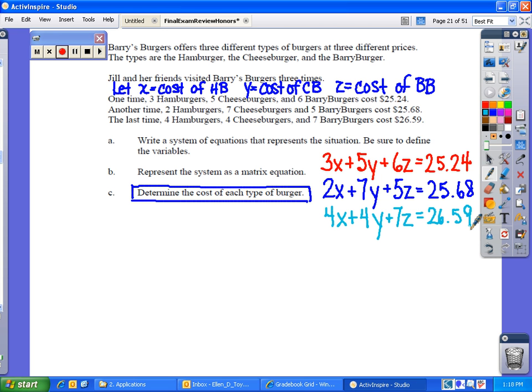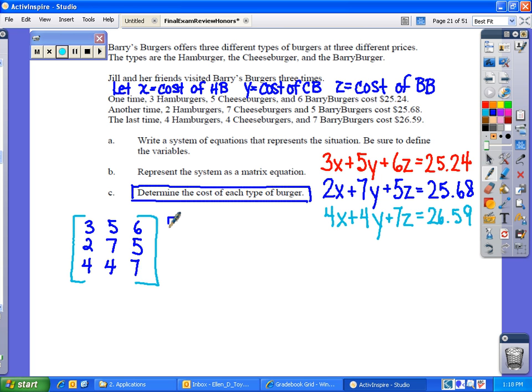In Part B, we're asked to represent this system as a matrix equation. In order to do this, we will first have a coefficient matrix, which takes all of the coefficients out of each of the first 3 equations in order and in their place: 3, 5, 6, 2, 7, 5, 4, 4, 7.